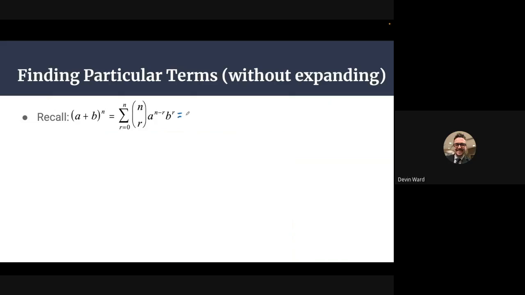Remember, what that equals was n choose 0, because we start at 0 and go up to n.